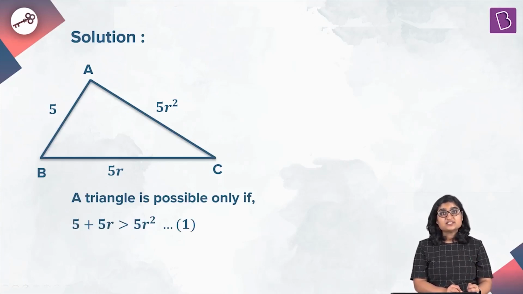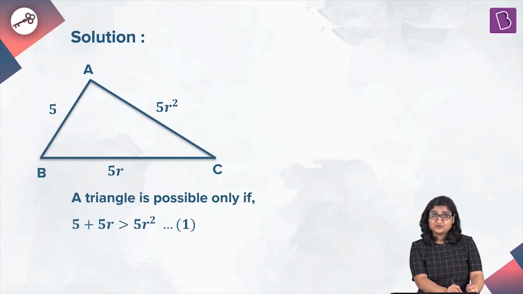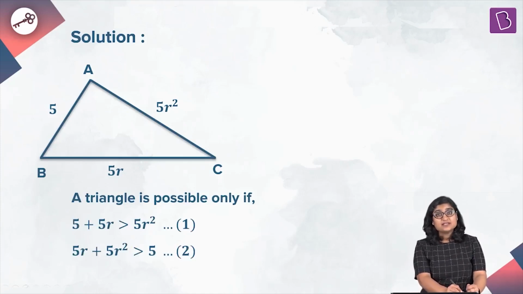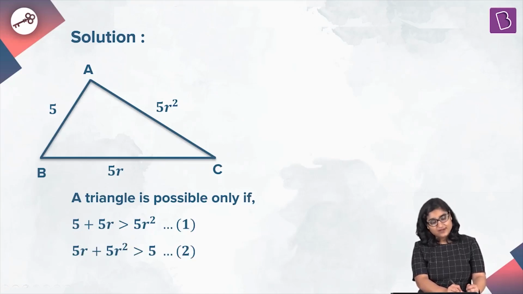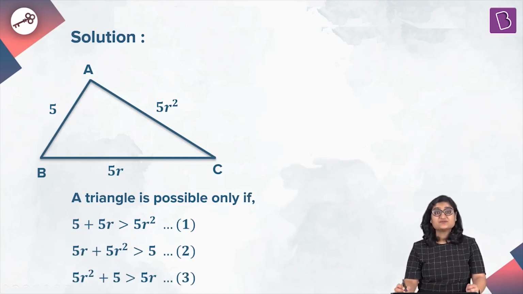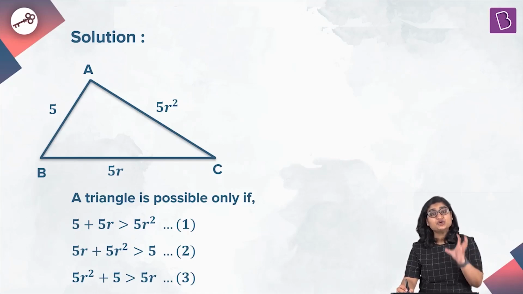So the first combination is 5 + 5r, and it should be greater than 5r². The second combination is 5r + 5r², and it should be greater than 5. And the third combination is 5r² + 5, and it should be greater than 5r. Now these 3 combinations should hold true together, should be true simultaneously.